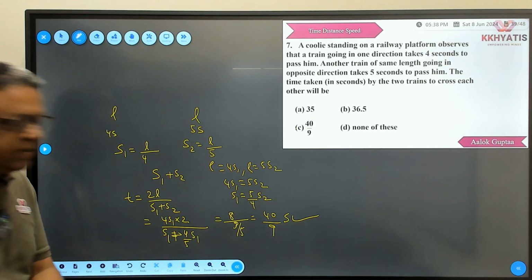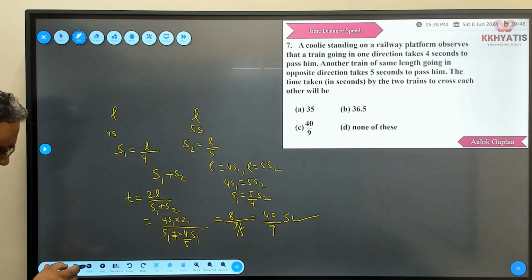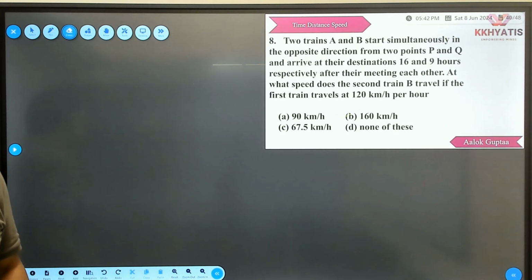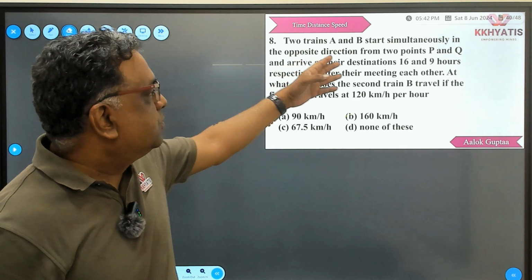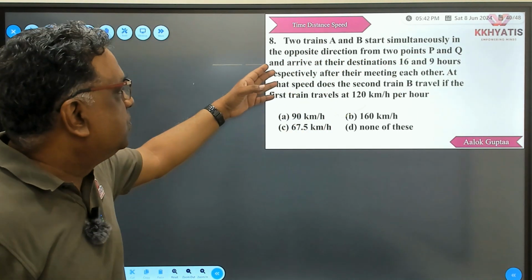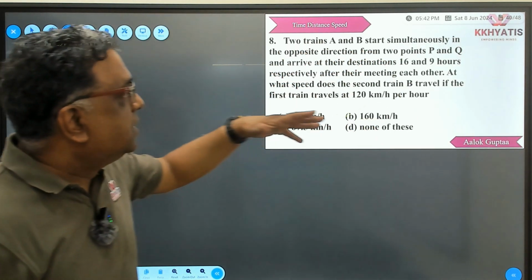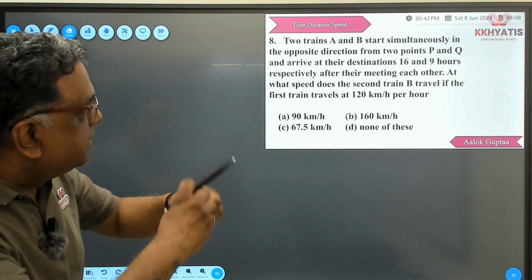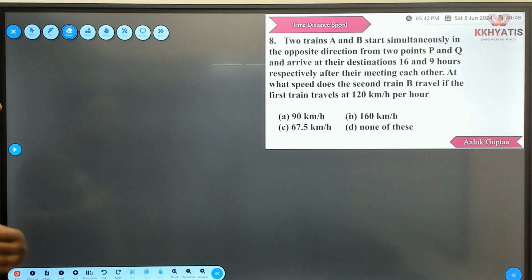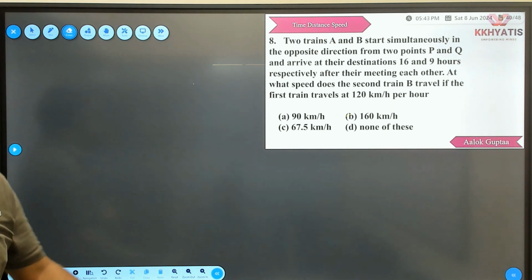Okay. Next. So the next sum goes like this: two trains A and B start simultaneously in the opposite direction from two points P and Q and arrive at their destinations 16 and 9 hours respectively after meeting each other. At what speed does the second train B travel if the first train travels at 120 kilometers per hour?